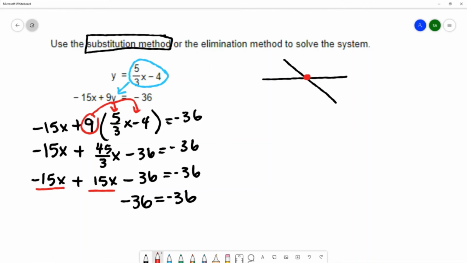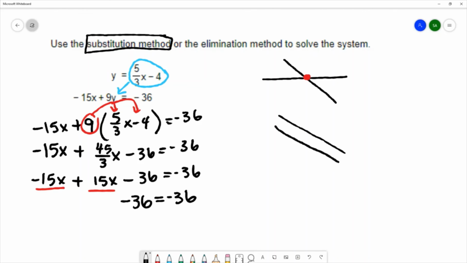So that's a typical system. This is the other special case. Two parallel lines, and those two parallel lines never cross each other. And that means there's no intersection point and no solution.